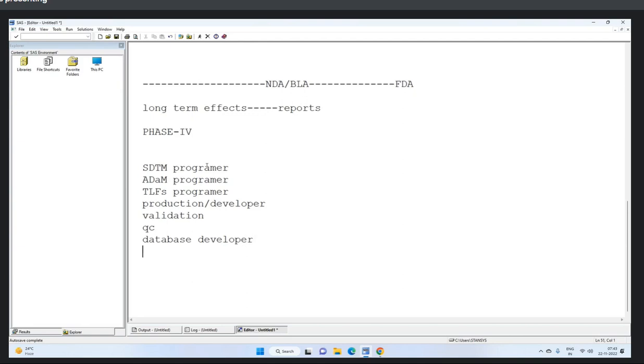And now there is going to be a concept called annotated CRF sheets. You can work as a SAS programmer, you can also work on annotated CRF sheet creation or development, and you can work as a spec writer. That means you can create specifications.